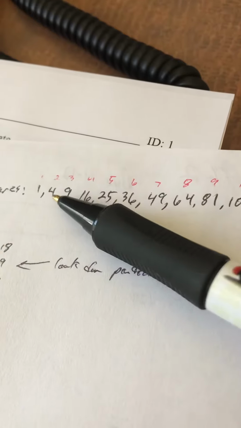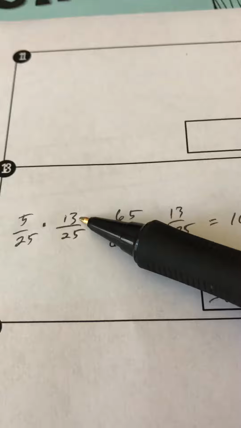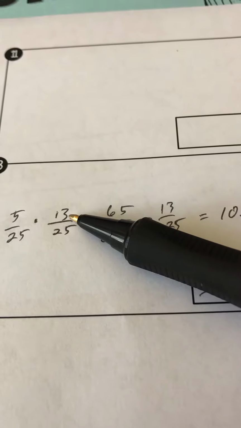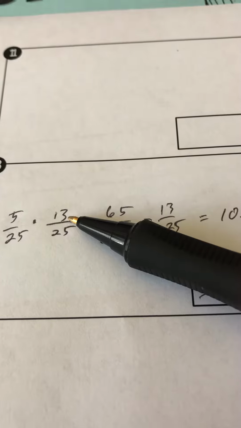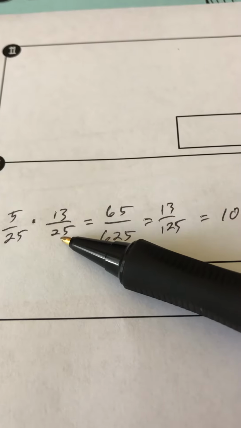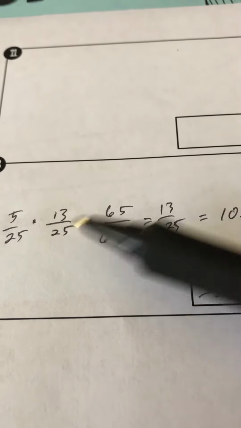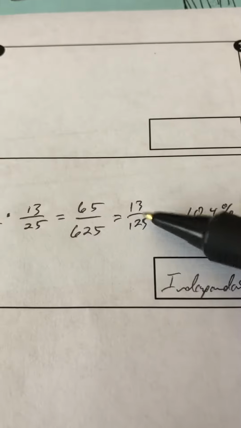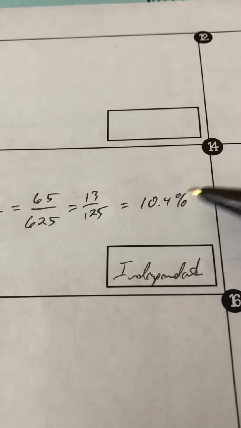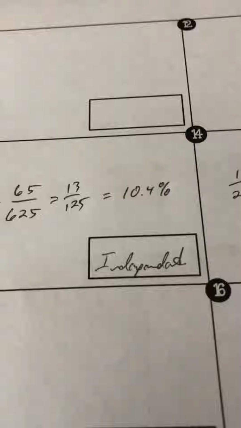So there are 1, 2, 3, 4, 5 of them, 5 out of 25. And then, what was the other one? And getting odd number. There's 13 odd numbers in 1 through 25. So you multiply those together, it's 65 over 625, or 13 over 125, which is 10.4%, and it is independent.